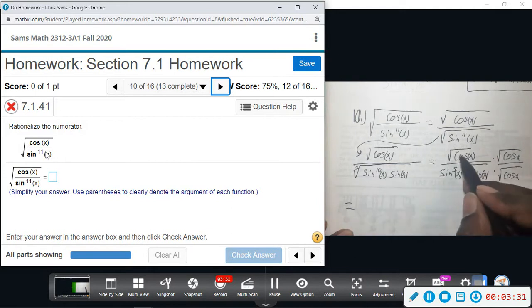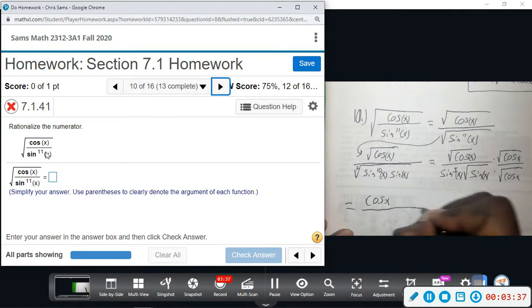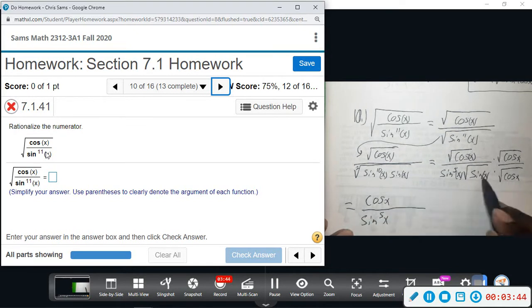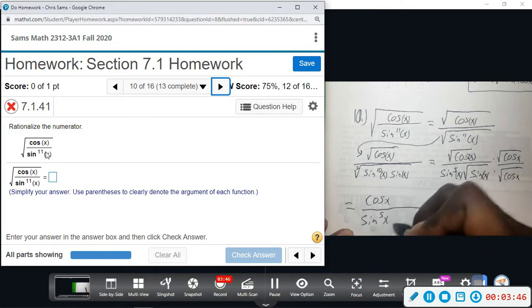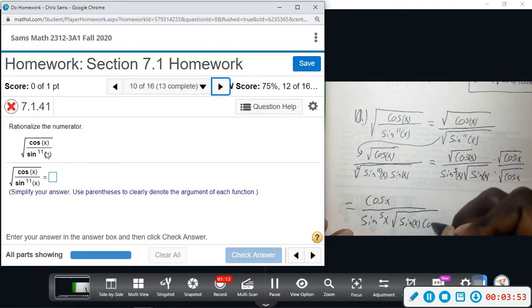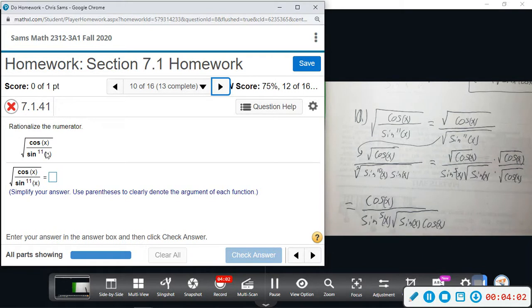It'll be this term squared, and square root cancel out, so we get cosine of x, and then on the bottom sine to the 5th power of x, and then since these are both under square roots, you can multiply them together. So we have square root sine x times cosine x. I gotta be careful, gotta have those parentheses. It makes a difference. You'll put the right answer in and it will count it wrong.